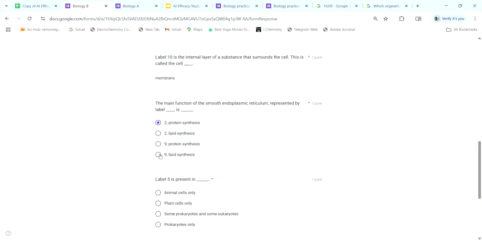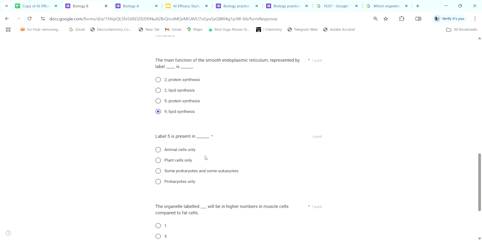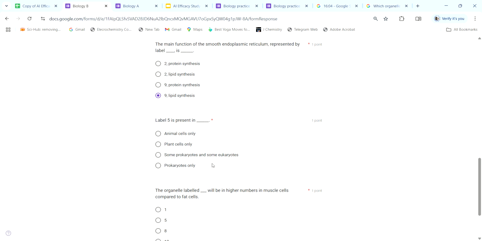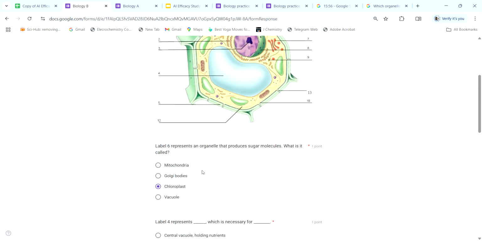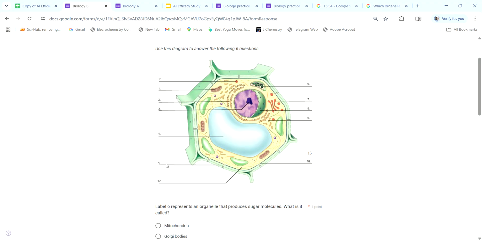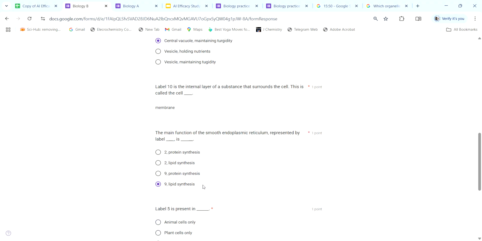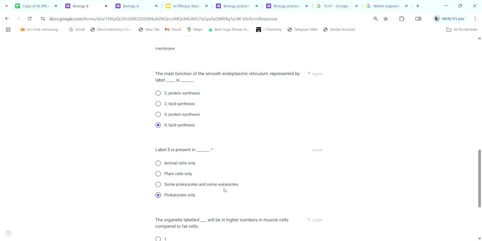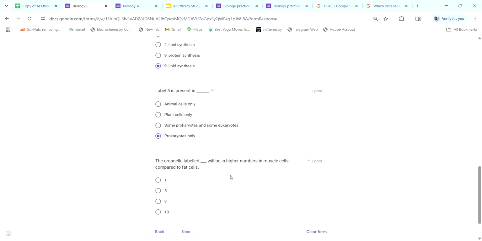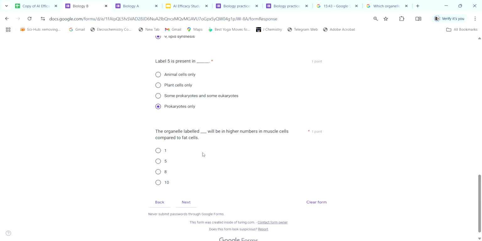Now label 5 is present in animal cells, plant cells, some prokaryotes and some eukaryotes. Label 5, so I think this is in prokaryotes. The organelle labeled will be in higher number in muscle cell compared to fat cell: 1, 5, 8, 10.